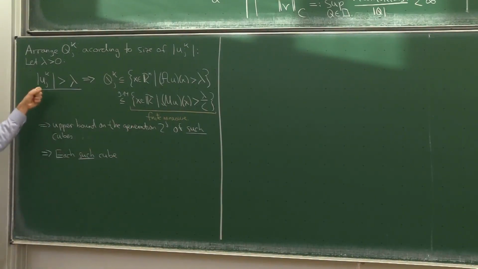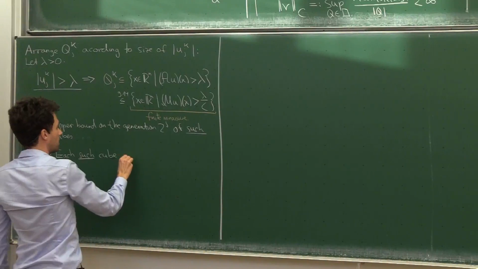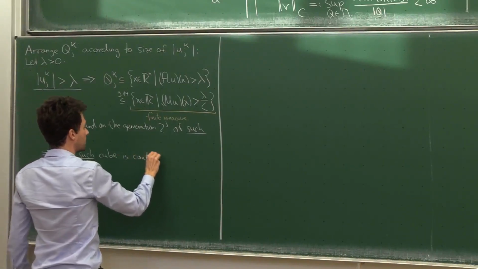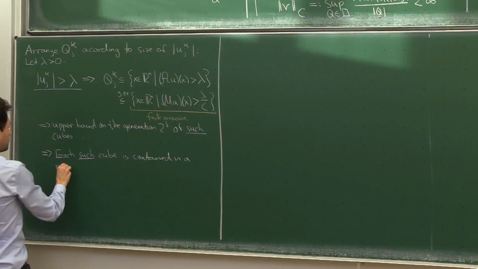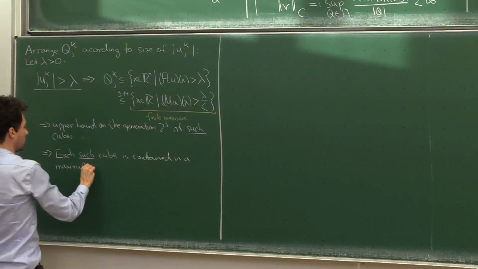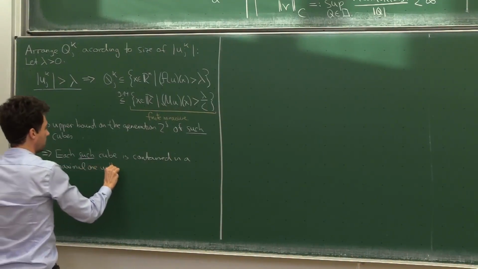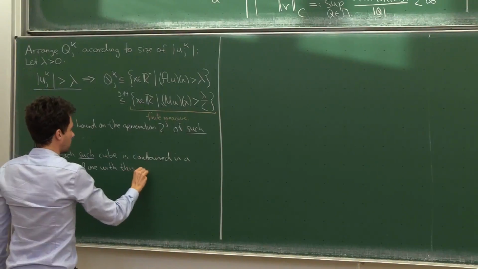So each cube with the property that this average is larger than lambda is contained in a dyadic cube of maximal size that has this property. Okay, so these cubes I'm going to call maximal. So each such cube is contained in a maximal one with this property.